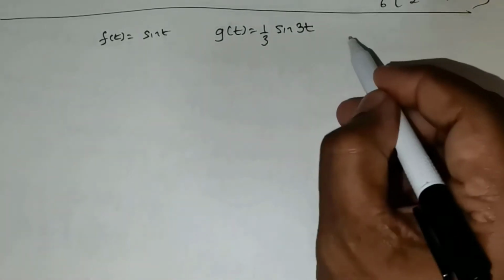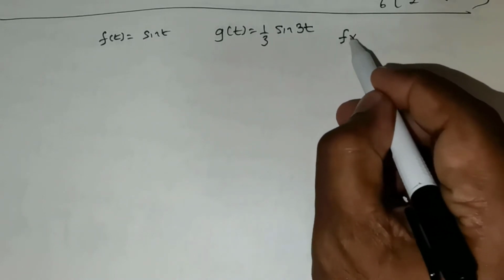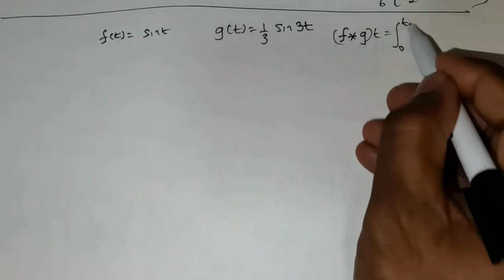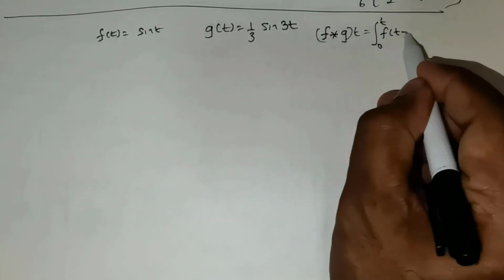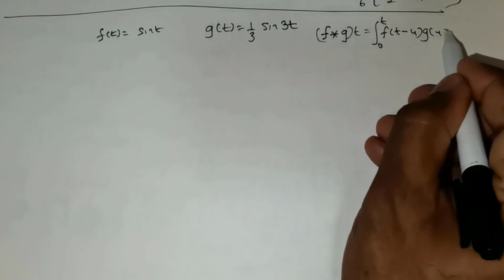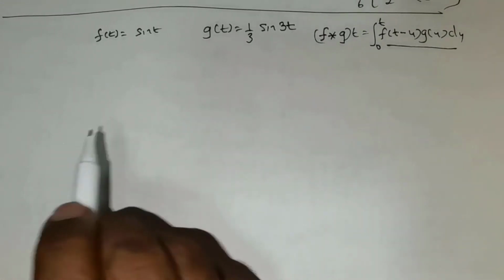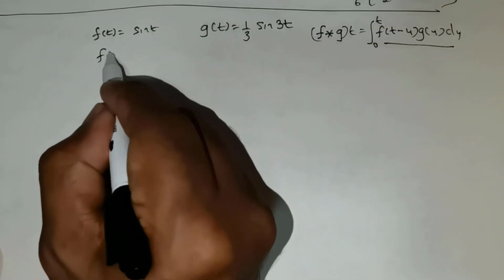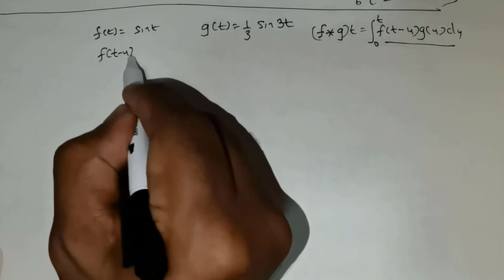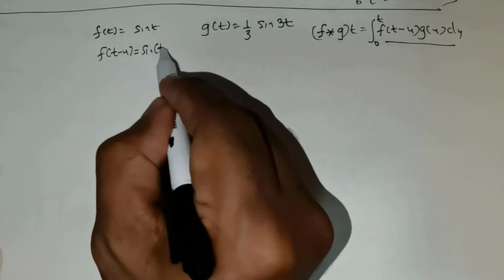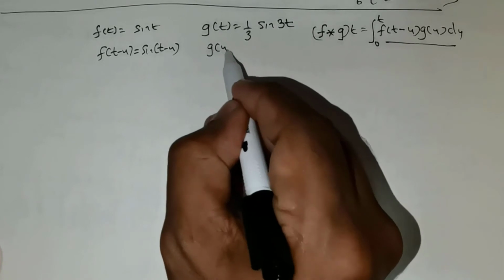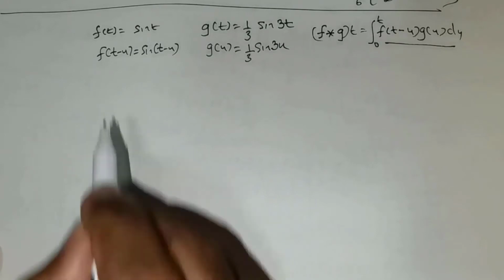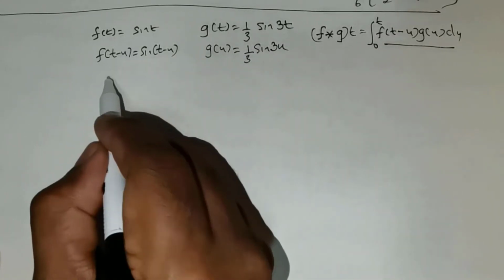Now we're going to apply convolution. So if I've got f star g of t, this is going to be integral 0 to t f of t minus u times g of u times du. So this is what we are going to use as a formula. So f of t is this, so f of t minus u is going to give me sine of t minus u, and g of u is going to be 1 over 3 times sine of 3 times u.